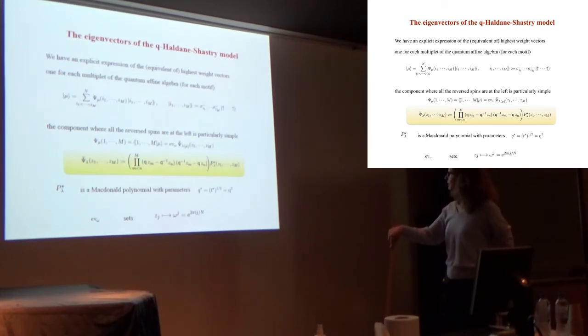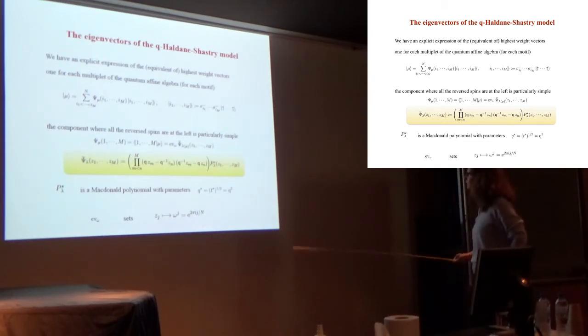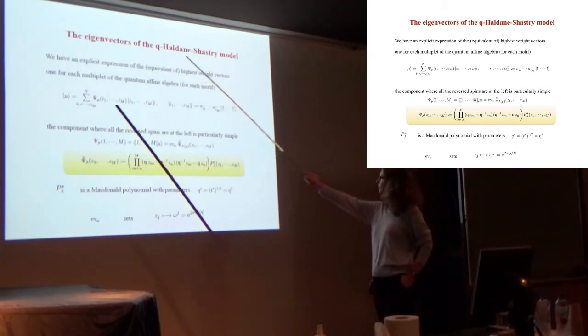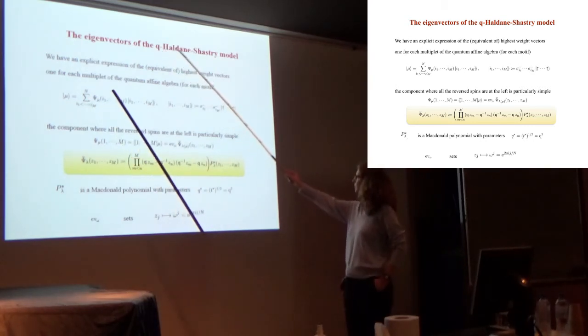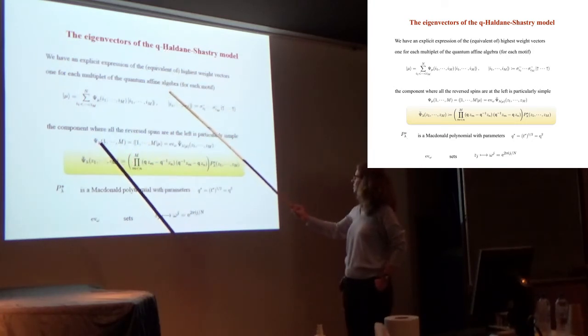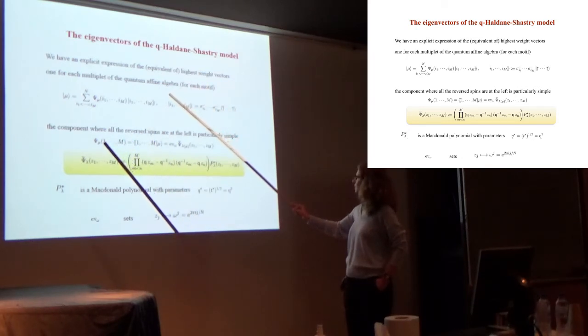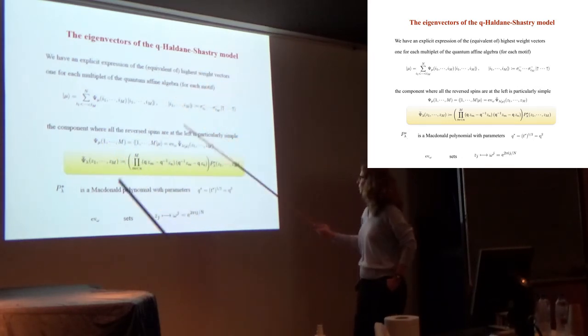And these vectors can be obtained in the following way. Now we have a very simple expression of these coefficients here, if all the magnons are situated on the sites 1, 2 up to m.